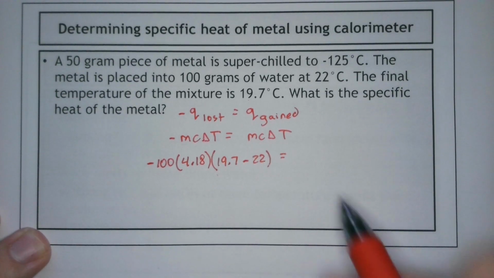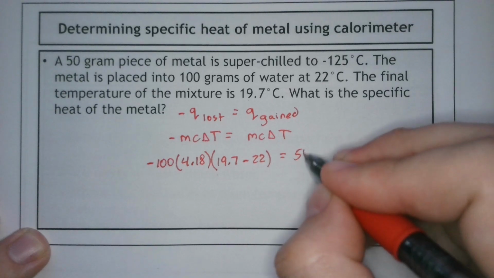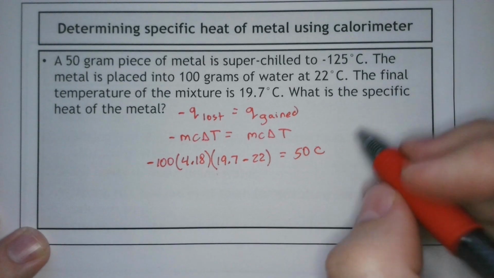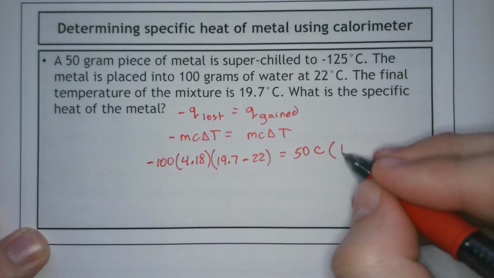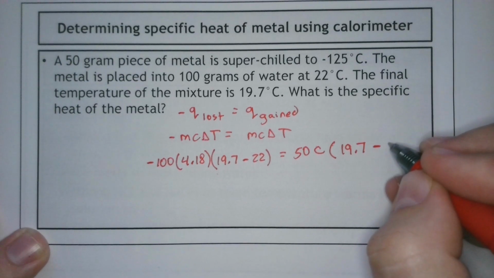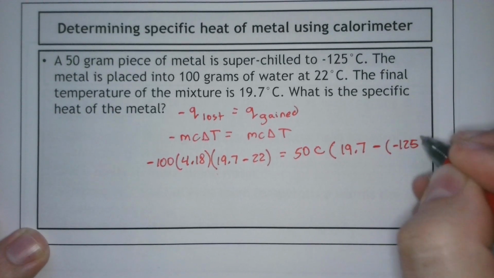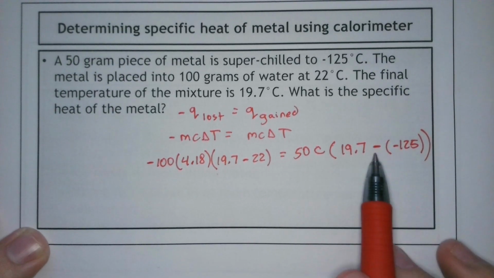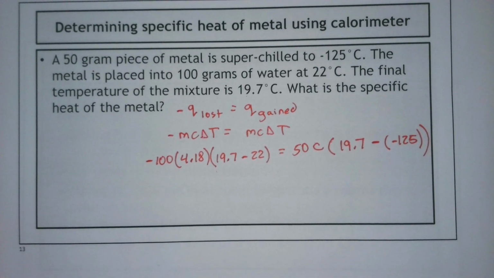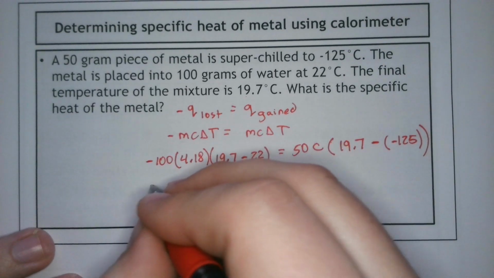On the right, I have my metal with a mass of 50 grams. Specific heat is unknown, that's what we're looking for. Its change in temperature: its final temperature is 19.7. Its initial temperature is negative 125. So I have two negative signs there, I gotta be careful. I'm subtracting negative 125, so I'm really just adding it. I'm gonna simplify both sides.